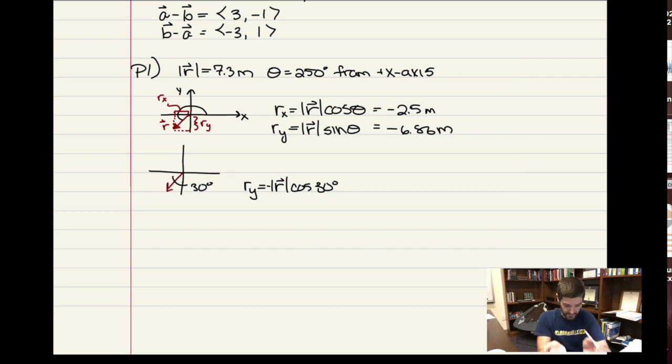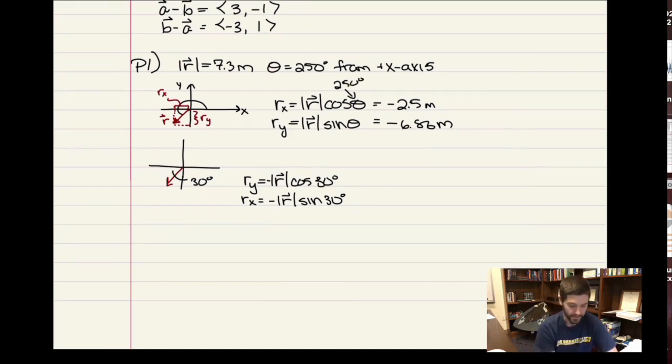Given this coordinate system, I can manually pop on the negative sign. And Rx is then again negative r sine of 30. And you will get the same answers. You might think these equations look quite different, but remember this theta is a different theta, 250 degrees as opposed to 30 degrees. But you get the same answers at the end.